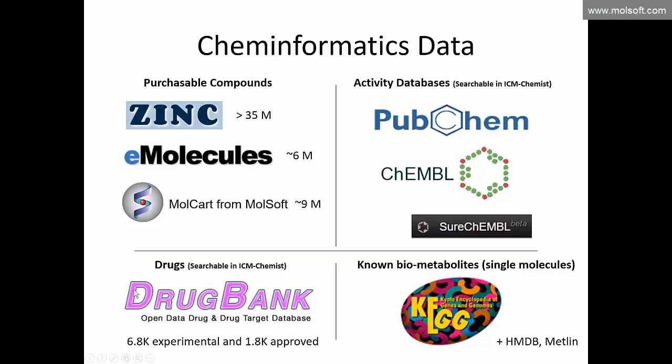You can also search DrugBank and metabolite databases such as KEGG, and other ones such as Metlin and HMDB. You can download the SDF files from these and view them in ICM. But for example, for DrugBank and ChEMBL and PubChem, you can directly search in the ICM environment.